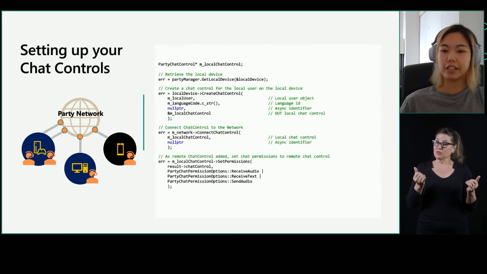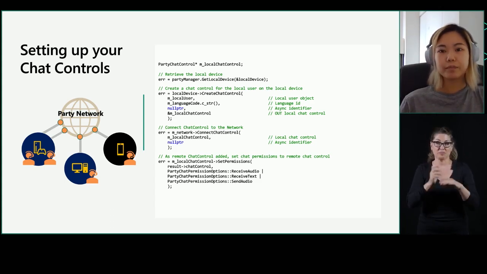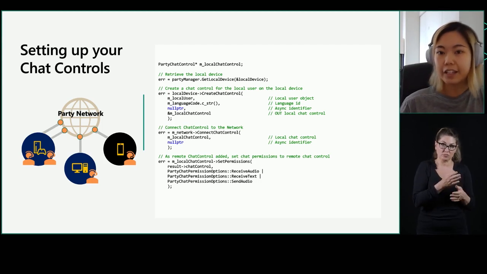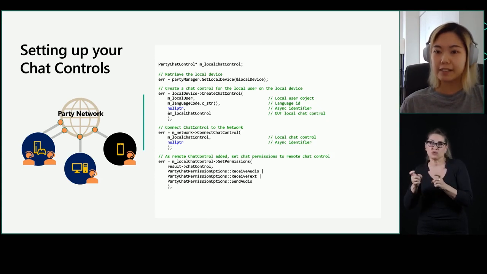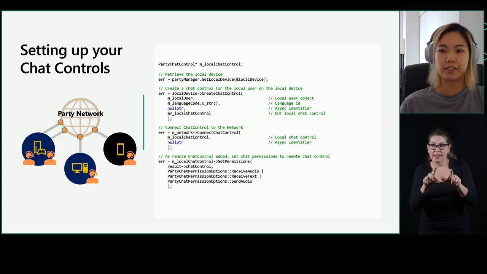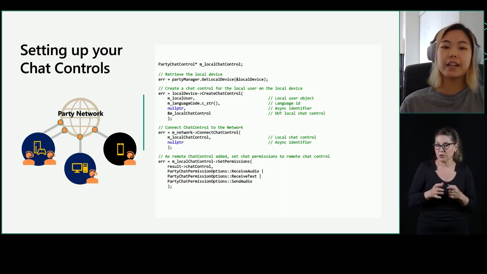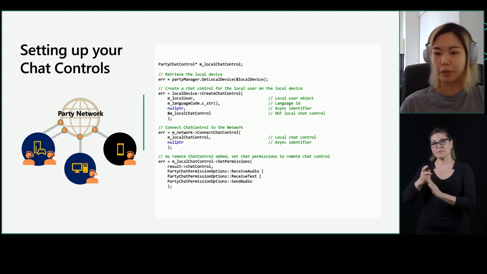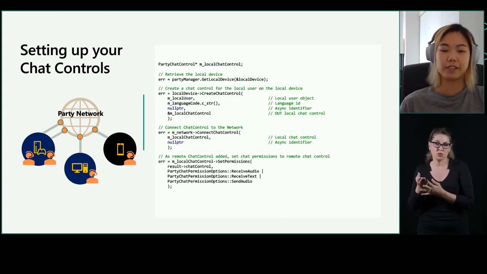So now let's take a look at some code to set up your chat controls. First, you would retrieve your local device, and then you'll create a chat control for the local user on the local device. You will specify things like local user object, language, async identifier, local chat control. And then after creation, you can set default input-output using system default values through party device selection types.